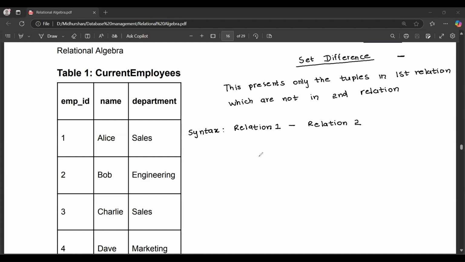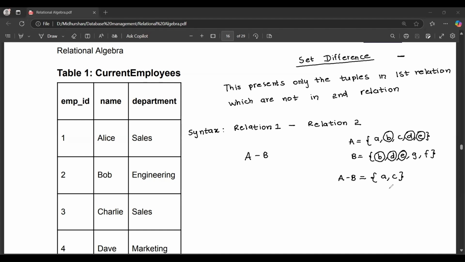If we are speaking in set theory, we normally say A minus B. Let's say A is a set which contains A, B, C, D, E, and B is a set that contains, maybe, B, D, E, G, F. Here we can see that B, D, and E are also present in the set B.